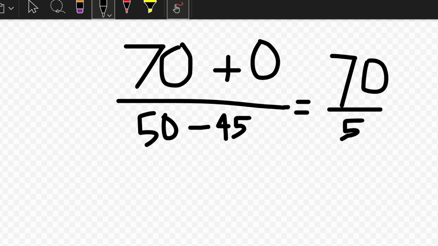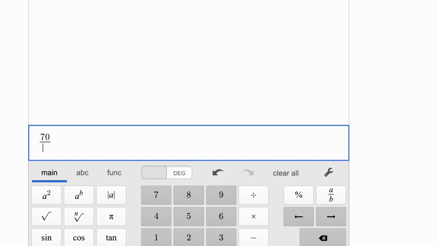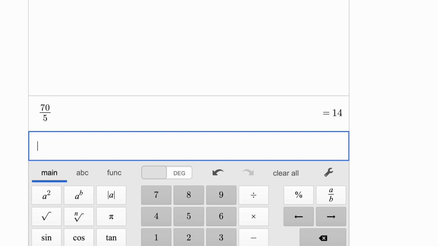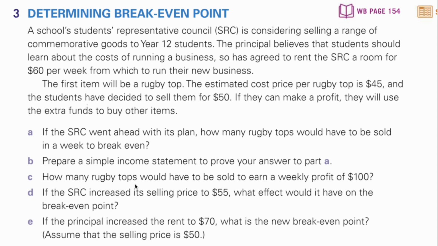So 70 divided by, let's plug it in, 5. So they would need to sell 14 rugby tops this time in order to break even, which means for part E, we could say the SRC needs to sell 14 rugby tops in order to neither have a profit nor a loss.